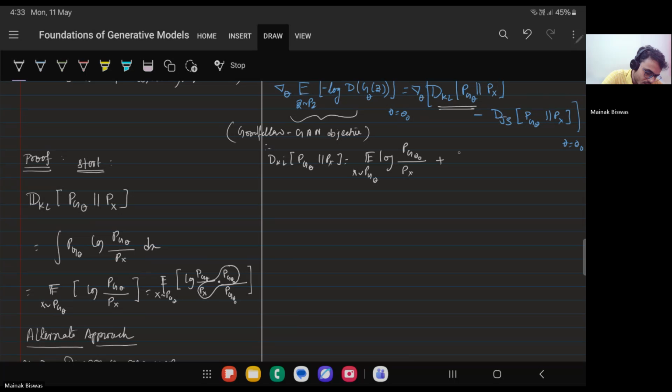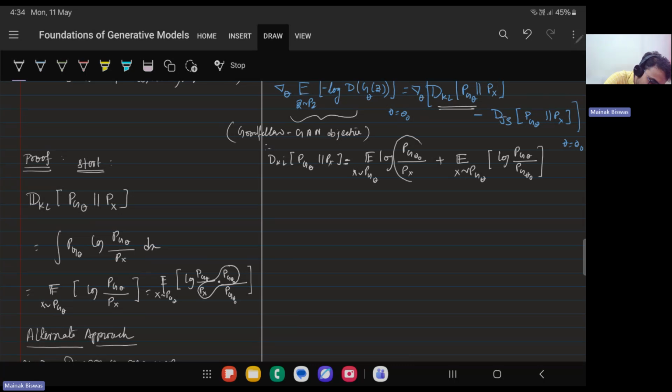plus the expected value of x being sampled from p_g theta of log of p_g theta by p_g theta_0.